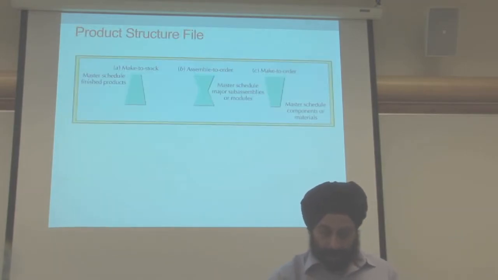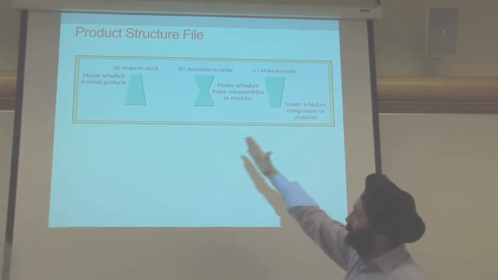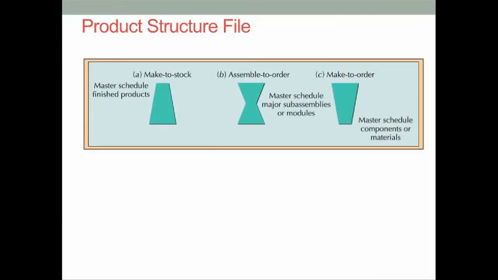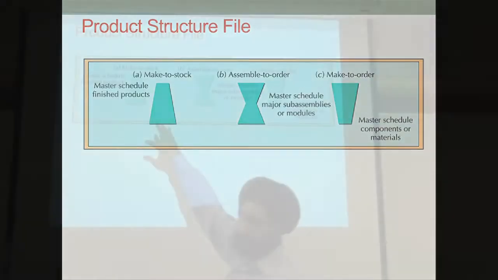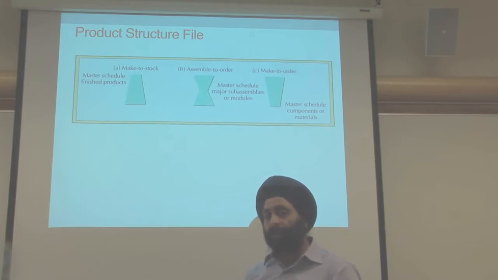In this particular case, you can see product structure file depends on whether the master schedule is focusing on the finished goods, which is typically for make-to-stock environments, where items are being produced in anticipation for goods and services that will be desired by customers. So we produce the goods that will go on the shelf, store shelf, in anticipation of future demand.